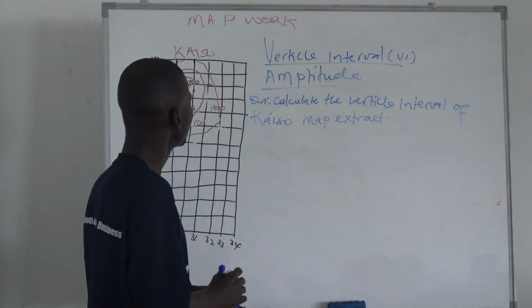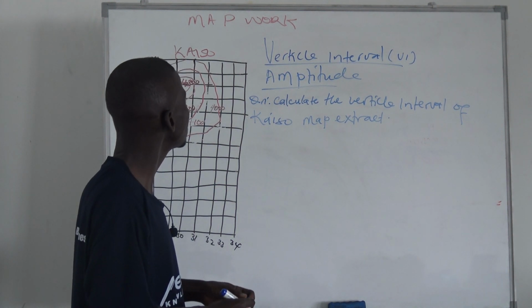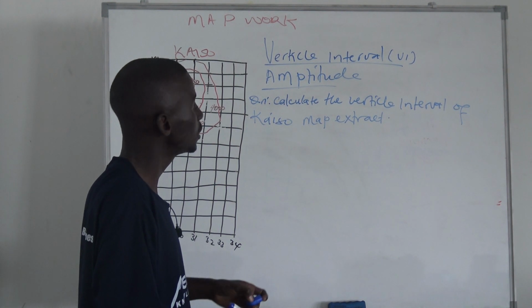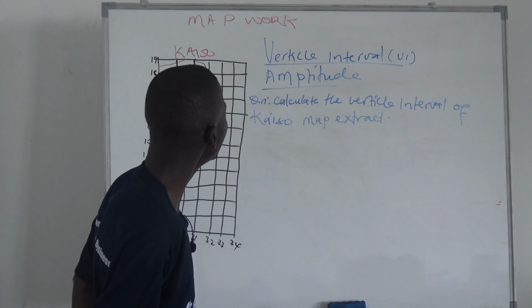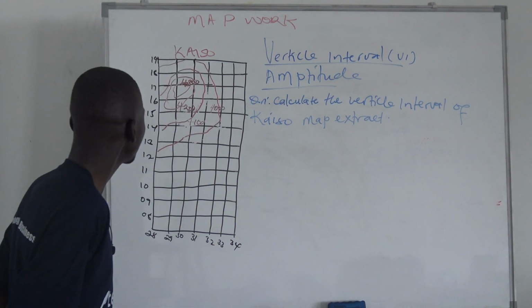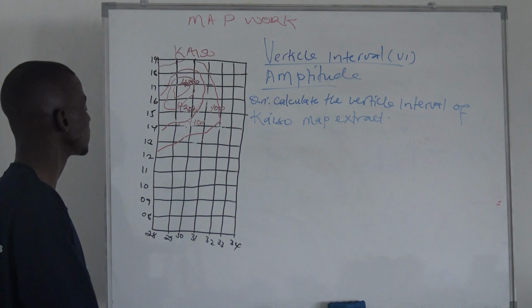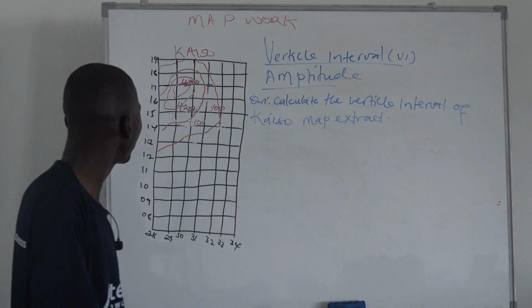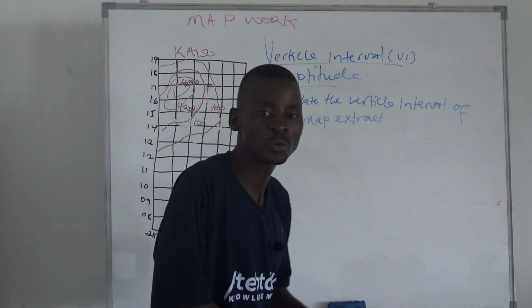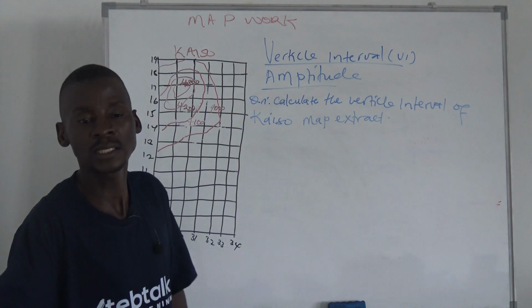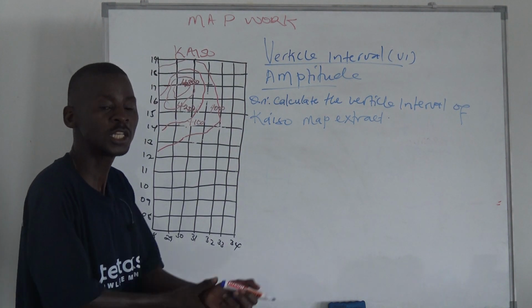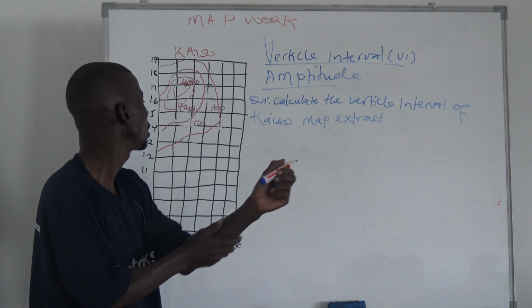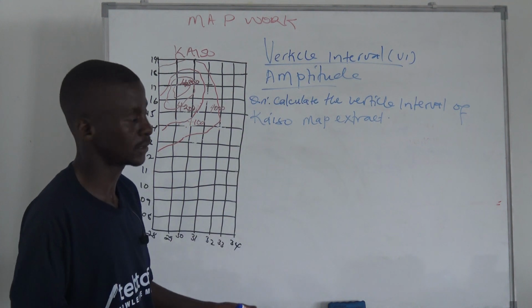First of all, vertical interval means the difference between two successive contours. Then on the map, what are the contours? From our geography, we all know that contours are lines drawn on a map joining places of the same height.